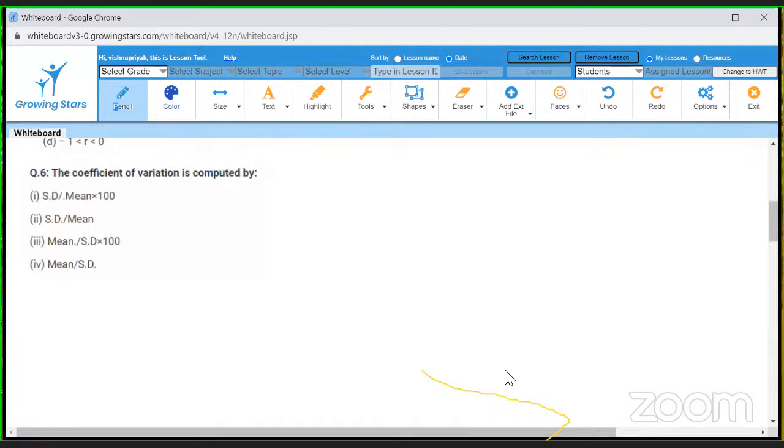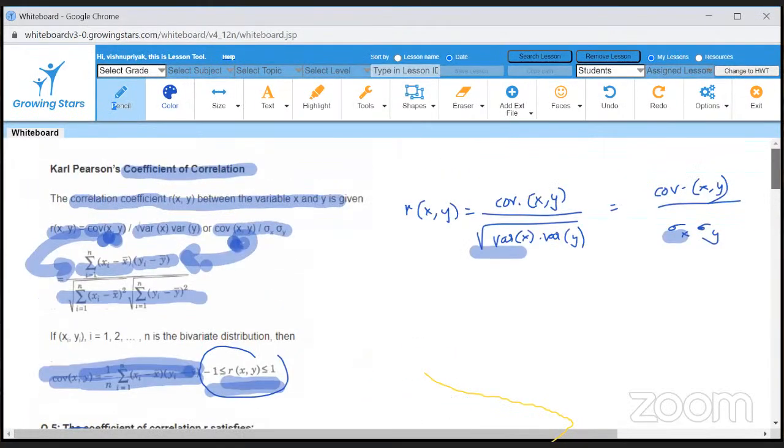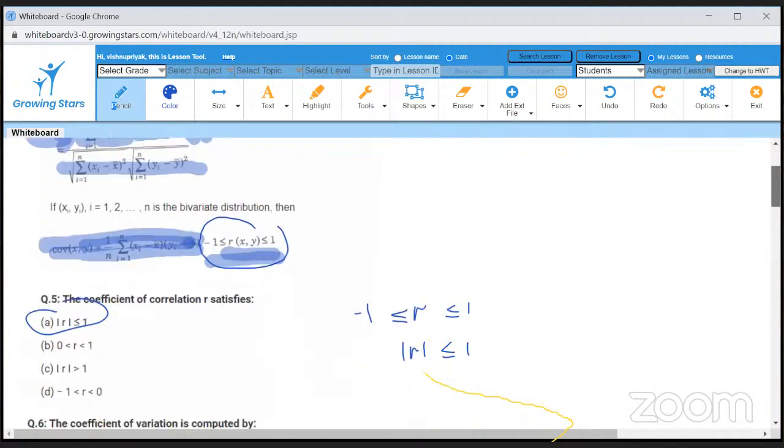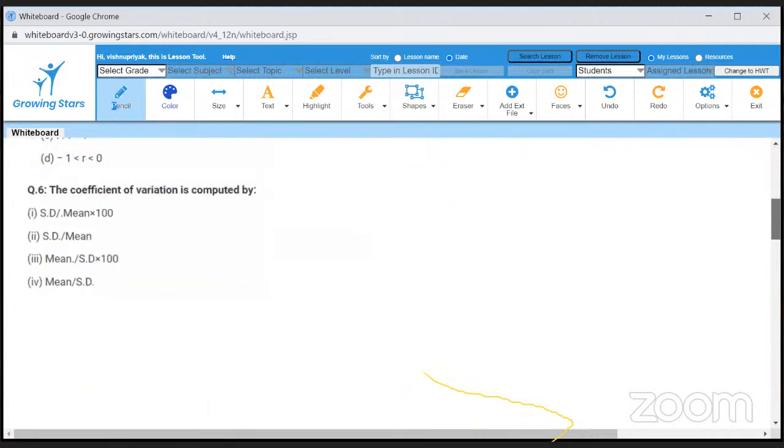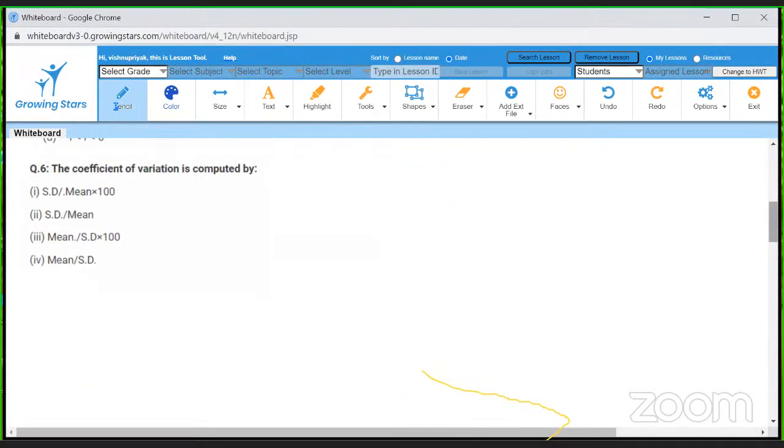Kumar is saying A or C. Vidya is saying the first one. Both are not correct. This is coefficient of variation.